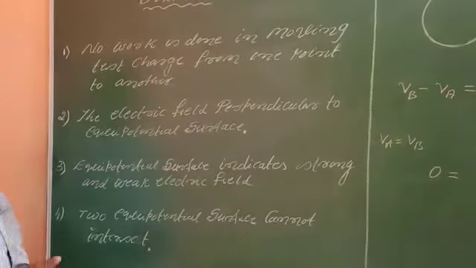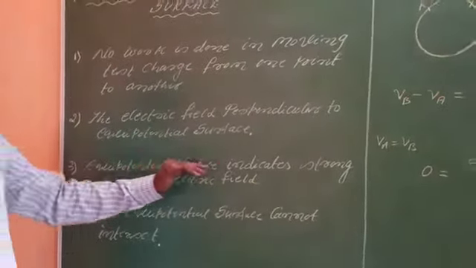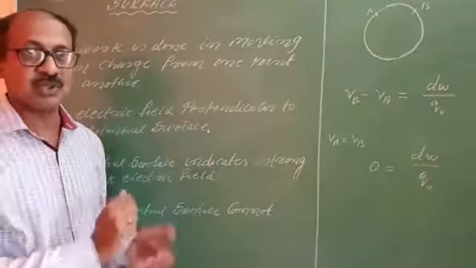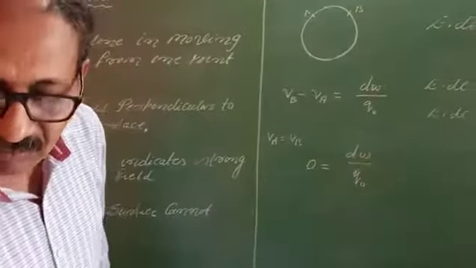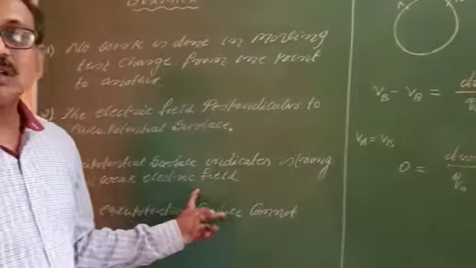Let us go for the third one. The equipotential surface indicates the strong and also the weak electric field.